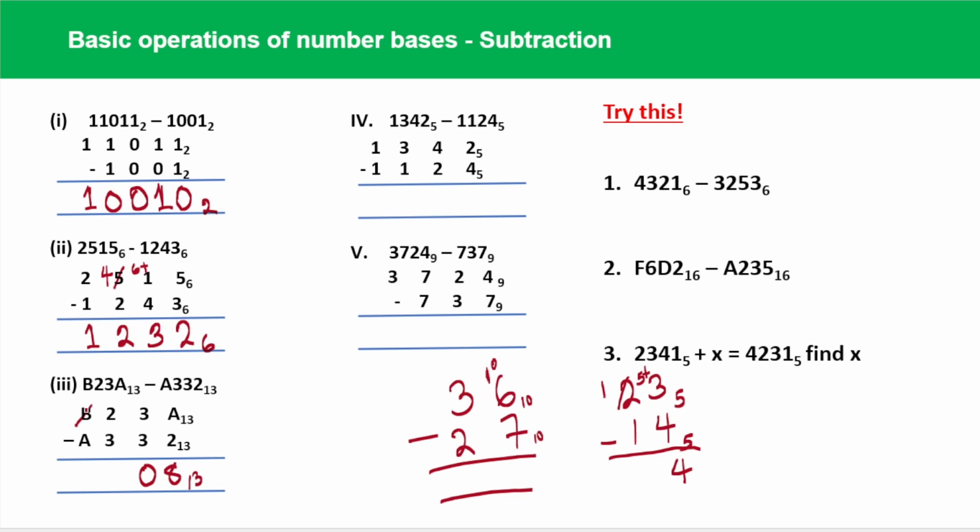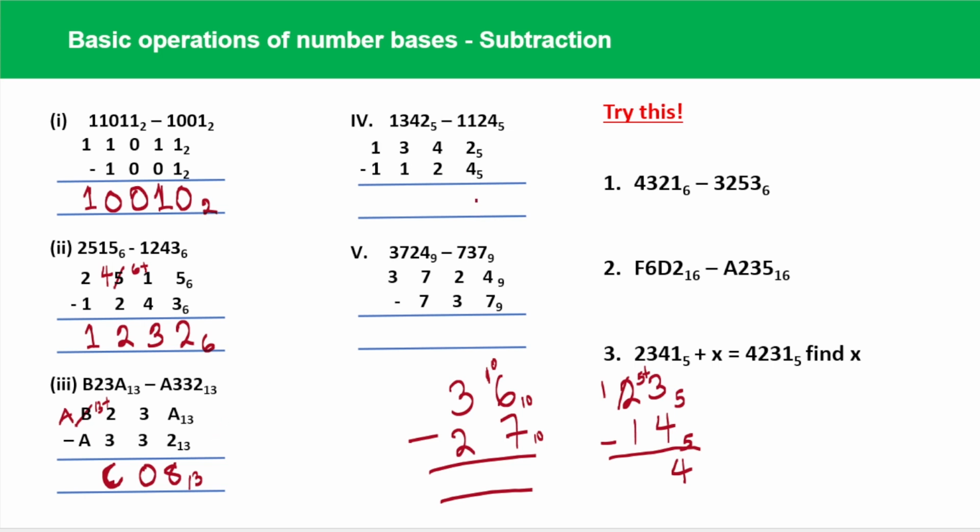So if we borrow from B, the B becomes A, that is 10. The 1 we borrow automatically becomes the base because we are in base 13. So 13 plus 2 will give us 15. And then 15 minus 3 will give us 12. What letter is 12 in base 16? Yes, that's letter C. Letter C is 12. So our answer to this question is C08 base 13.